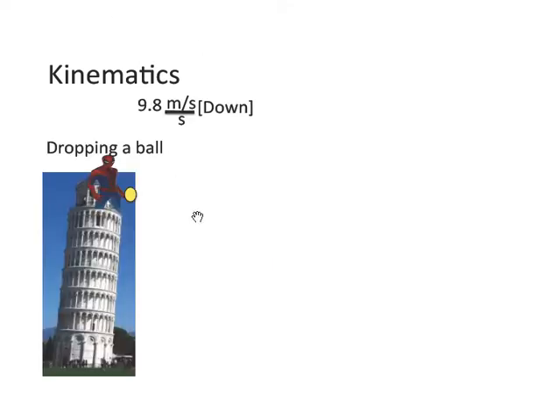So imagine you have this character standing on top of a very famous tower. And the character decides to drop a ball. So first off, you have to ask yourself, when you're dropping an object, what is its initial speed? Well, the initial speed is 0.